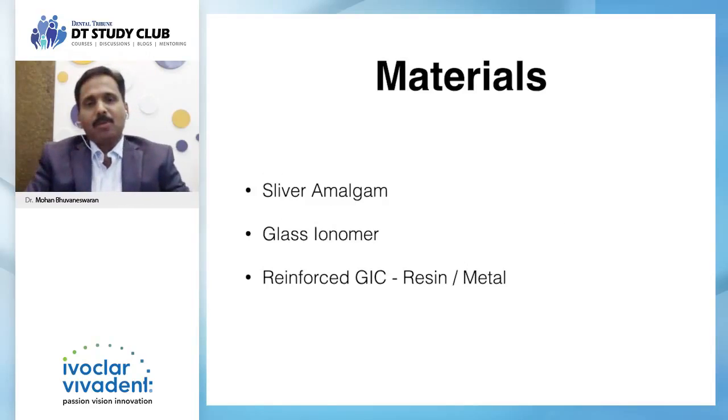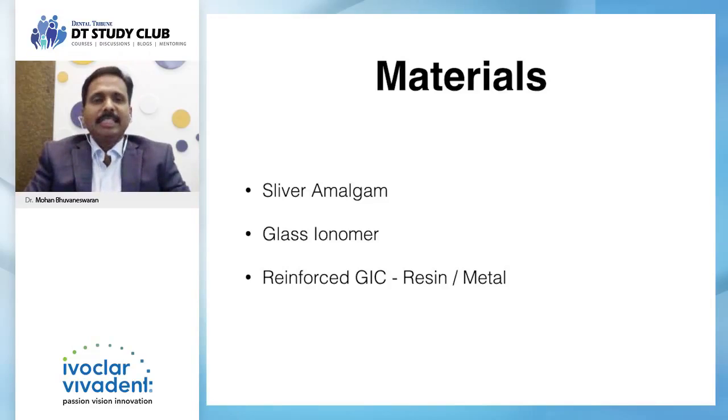Now, when you talk about the solution for restorative dentistry, that is, we are losing tooth structure and we need to replace it, we are talking about direct restoratives. So what are the material options for us? We know that silver amalgam is there, and later, in the early 70s, Wilson and Kent introduced glass ionomer to us.